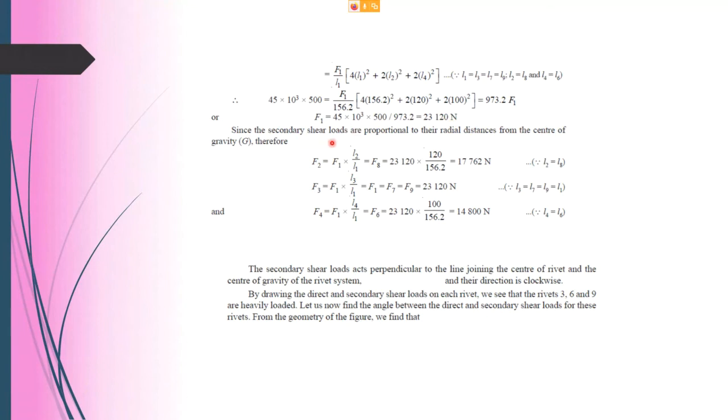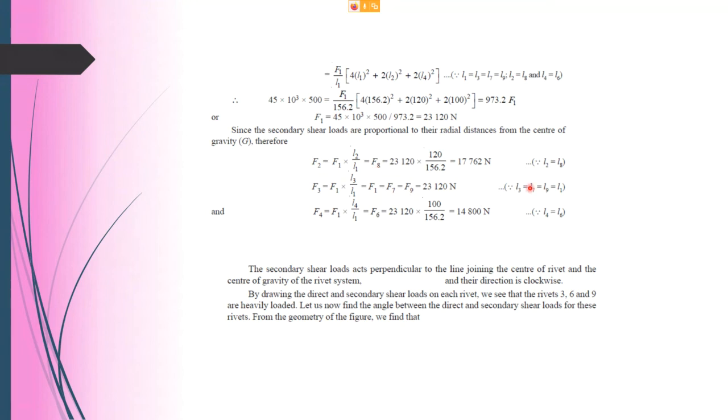Since the secondary shear loads are proportional to their radial distances, F is proportional to L from the center of gravity. So once you have found F1, you can find F2, F3, F4, and so on, except F5, F6, F7, F8, and F9.